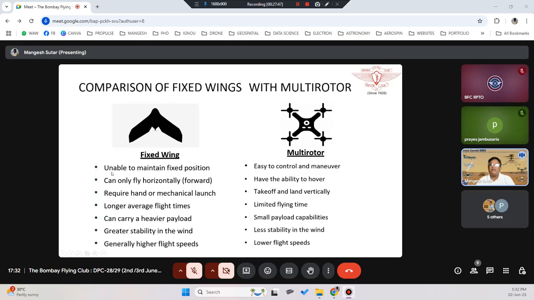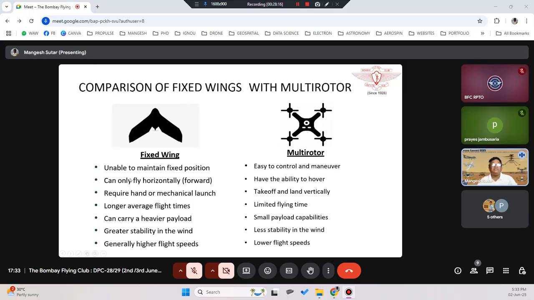So let's see the comparison between the fixed wing and the rotorcraft. Fixed wing is unable to maintain a fixed position because it is always in forward motion. It can only fly horizontally, that is forward. It requires hand or mechanical launch, that is either you throw the aeroplane in the air by hand, or use a mechanical launch, that is a catapult mechanism. But it has longer average flight times, can carry heavier payloads, greater stability in the wind, and generally higher flight speeds.